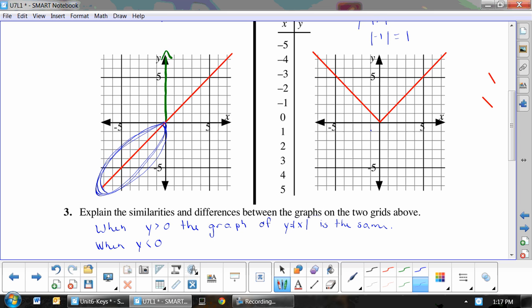When y is in the negative part, so everything below that x-axis, the graph is a reflection in the x-axis. Okay? So, yes, Aaron?